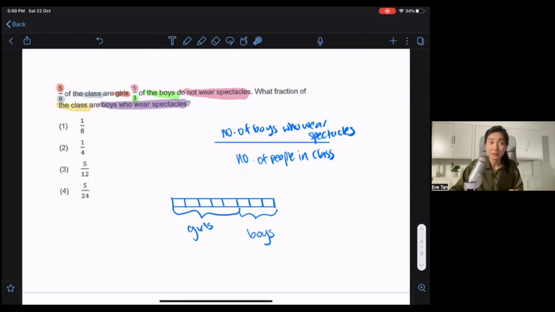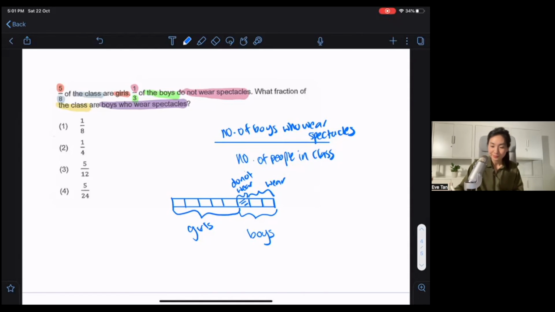Now, I can just use this fraction. 1 unit do not wear spectacles. Let me just label 1 unit of them, do not wear. If 1 unit of them do not wear, it means the other 2 units will have to, they wear spectacles. They wear. Now, I have the answer already.